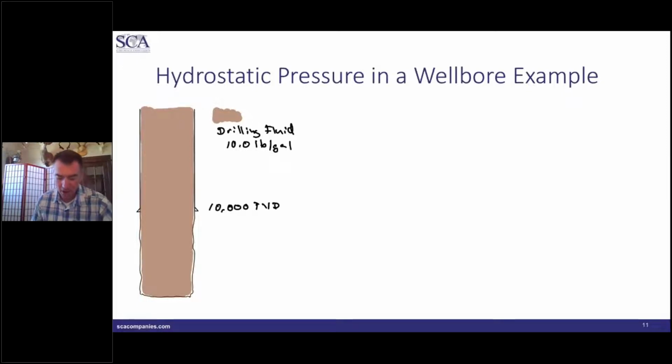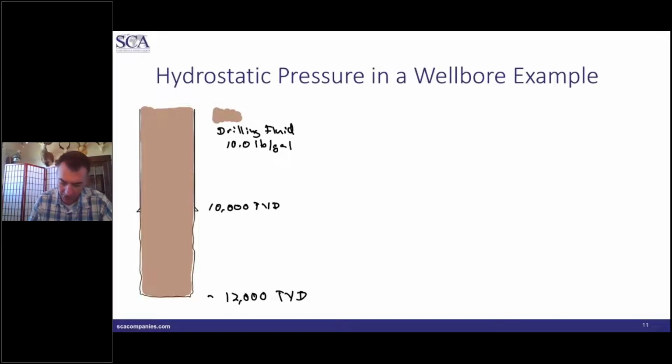Of course, if it was, say, 20,000 foot measured depth, it wouldn't matter. It's only the vertical height of the column that matters. It doesn't matter how wide the column is. It doesn't matter what area the column's spread out over. It matters the density and the actual vertical height. And let's say the TD of the well is 12,000 feet TVD. Not to scale, obviously.